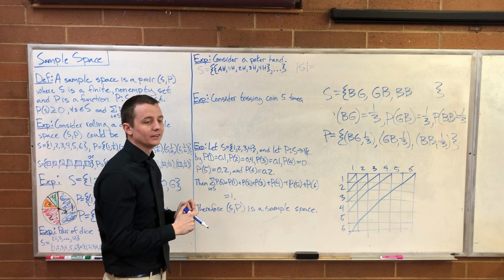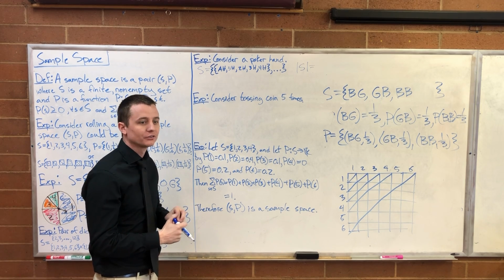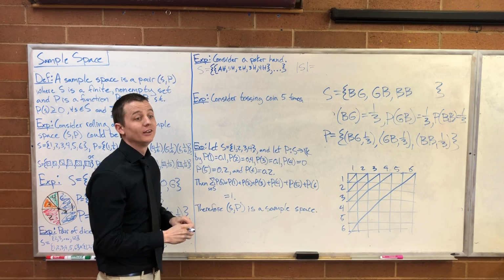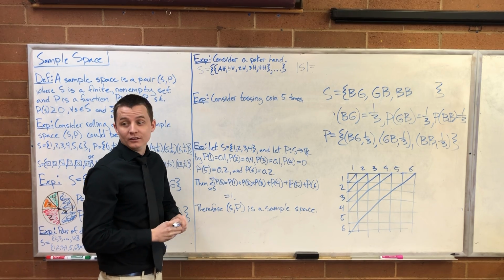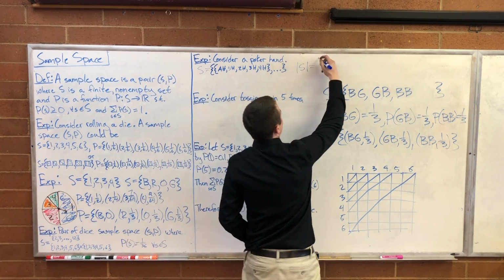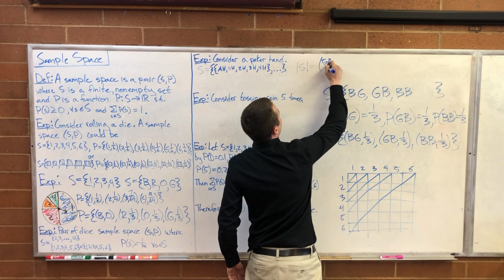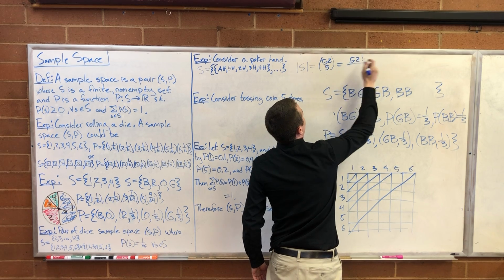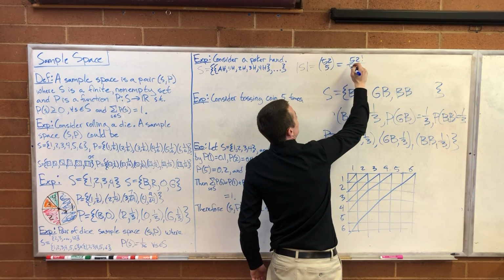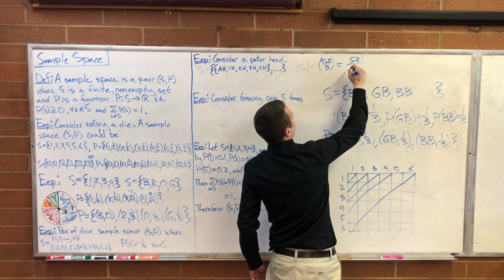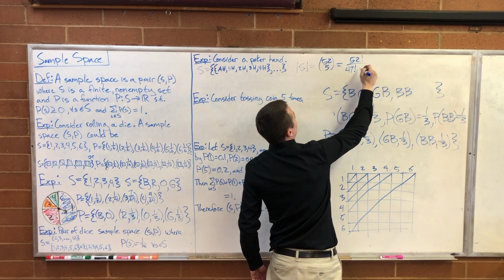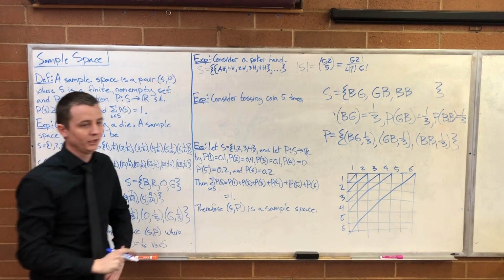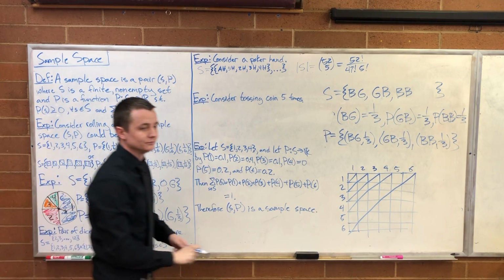How many ways can I choose 5 cards from a 52 element set? 52 choose 5. Which is the same thing as 52 factorial over 47 factorial, also divided by 5 factorial. You have to divide by 5 factorial because order doesn't matter. Oh, right.